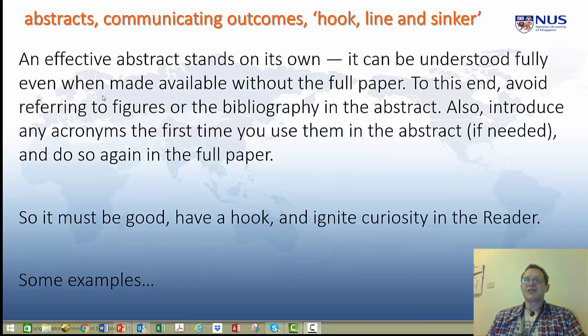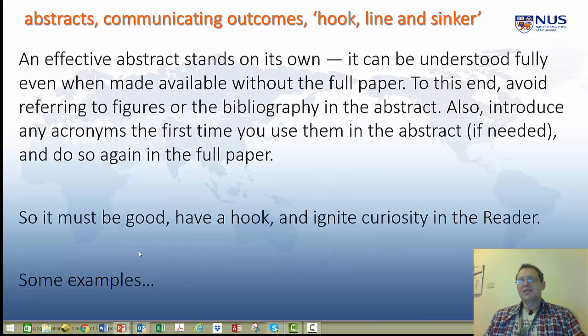Avoid referring to figures or references or bibliography in your abstract. And if you're going to use acronyms, and here is a warning, too many acronyms make the thing unreadable, but if you're going to introduce any acronyms, the first time you use them, define them in the abstract, and then later on define them again in the full paper.